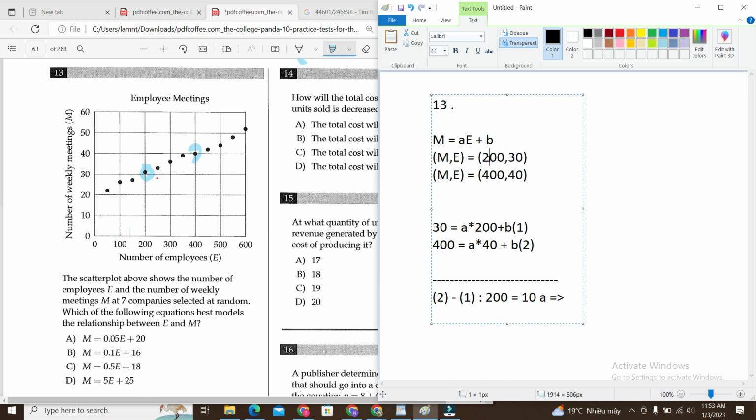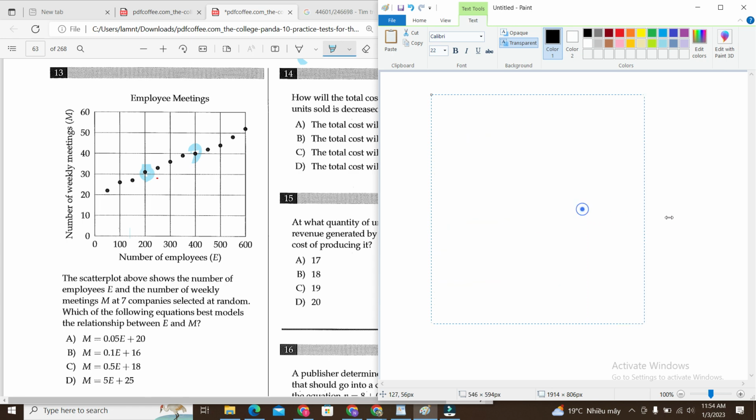So it's actually 230 and 440. So we put E in 30, and 40 equals 400 times A plus B. Okay, that's 2 and that's 1.